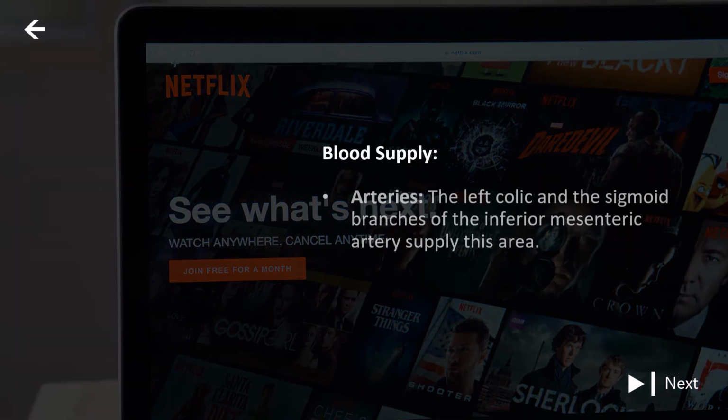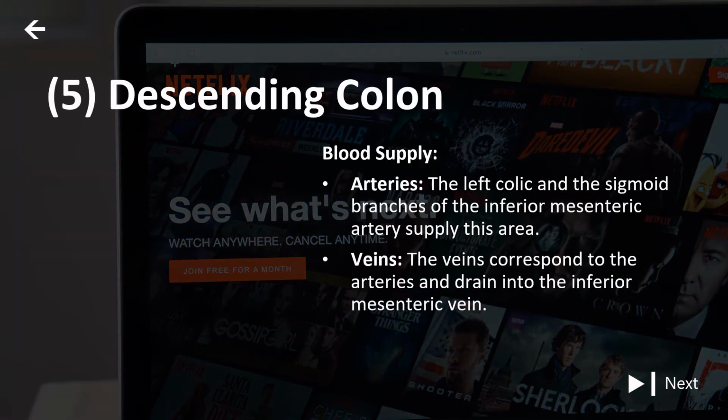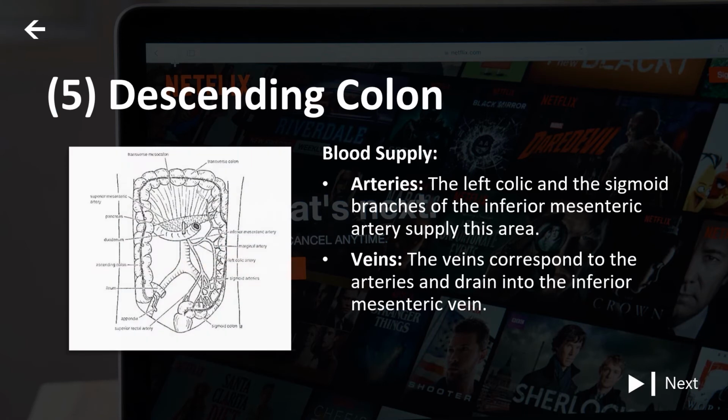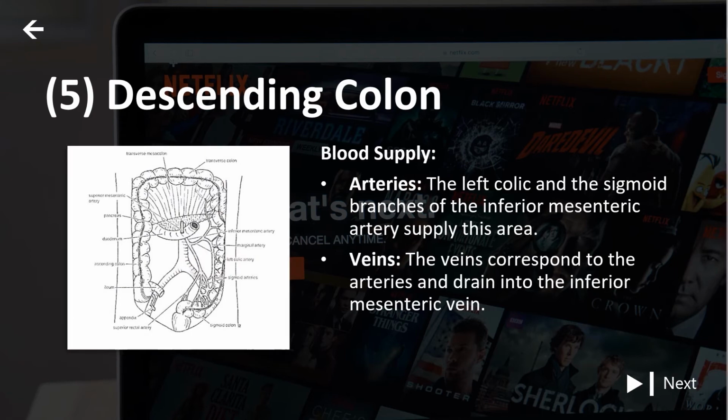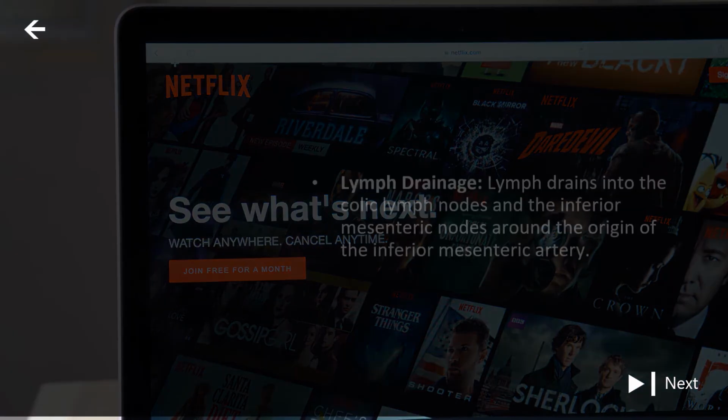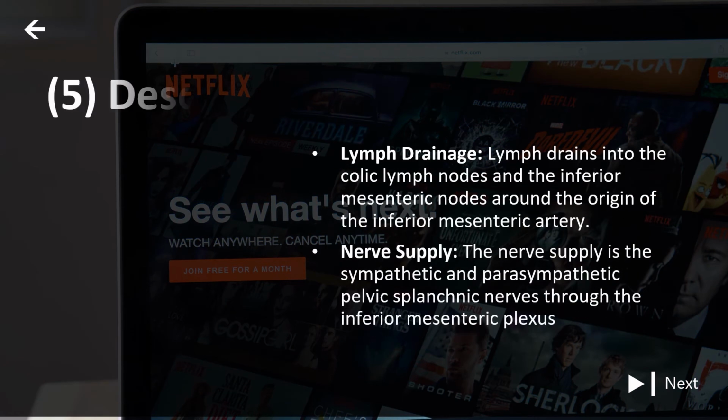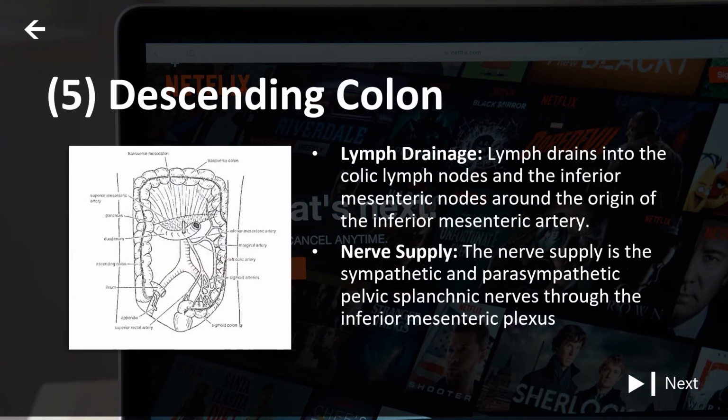And here's the blood supply, of course, of the descending colon. And here's the lymph drainage and nerve supply of the descending colon.